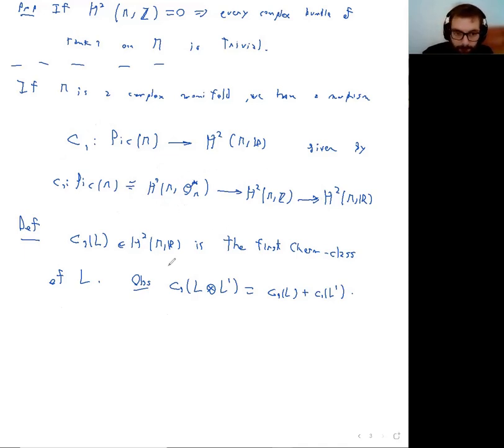Just one second because I'm a little confused. Why isn't it 0? Is that not an exact sequence that you're hovering over? This one? Yeah. No, because remember, the exponential sequence is 0, Z, holomorphic, non-zero, right? This is the exact sequence.